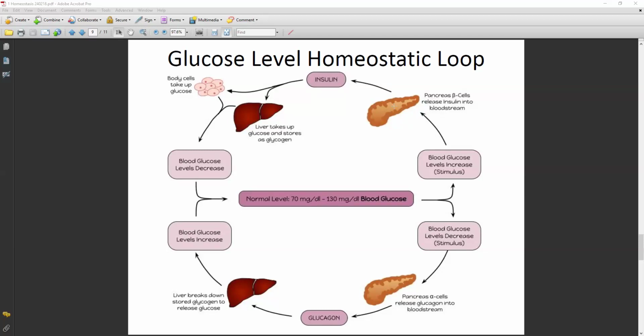The integrator will next send a signal to the effector. This signal can go through the nervous system or through the hormonal system. Here you use a hormone. This hormone is insulin. It tells the effector to do something in order to reduce blood glucose level.